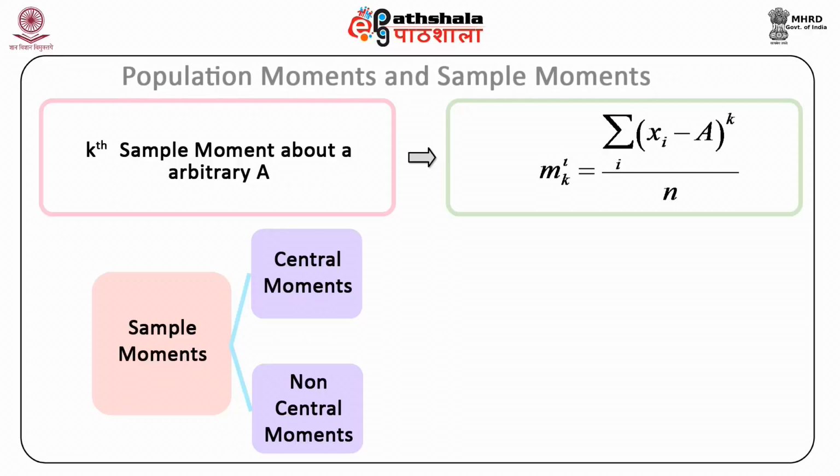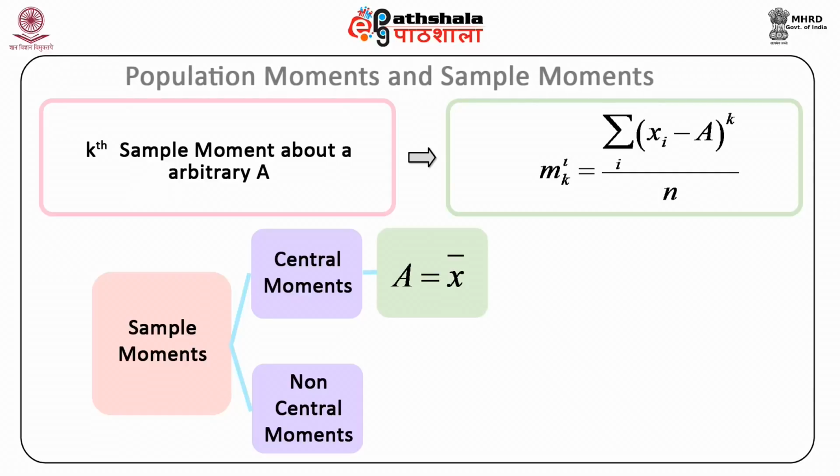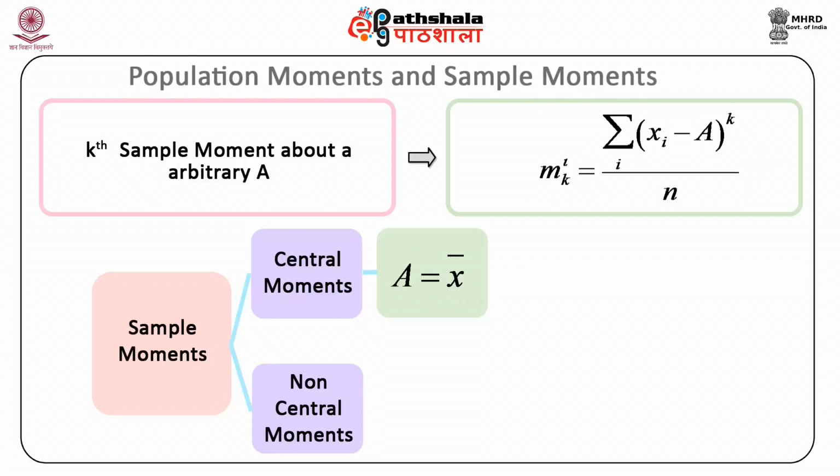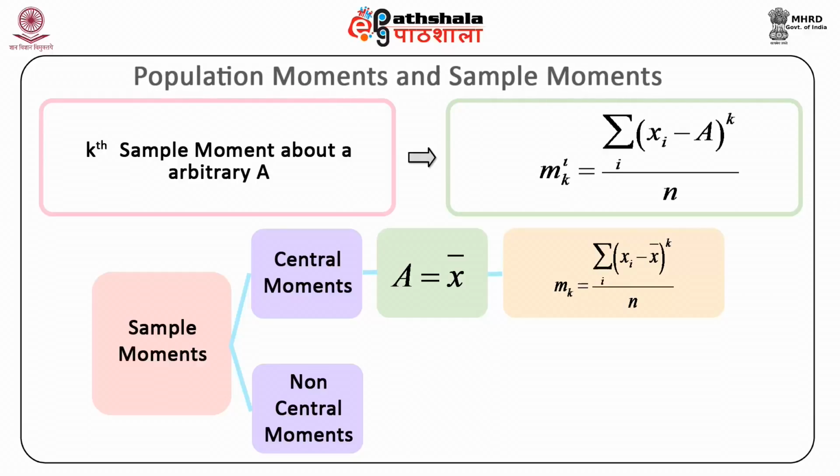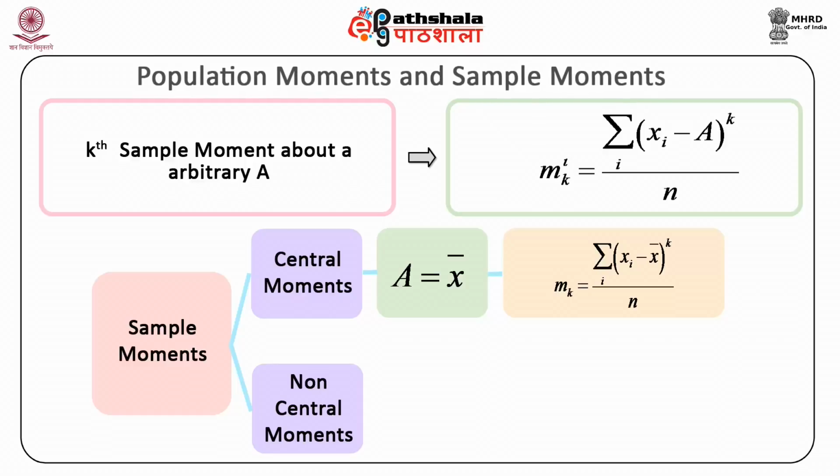The kth sample moment about the sample mean, when a is equal to x bar, is the kth central moment, defined as m_k is equal to summation of (x_i minus x bar) whole raised to power k, and summation is over i, divided by n.